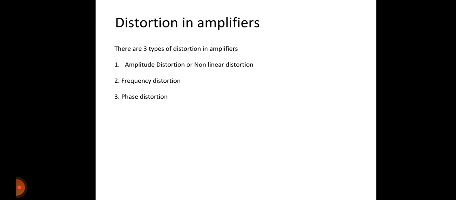The types of distortion that may exist either separately or simultaneously are called amplitude distortion or nonlinear distortion, frequency distortion, and delay or phase distortion.